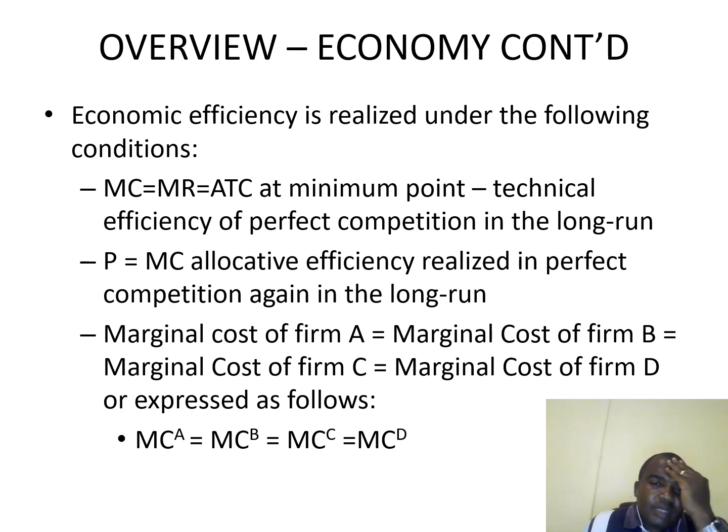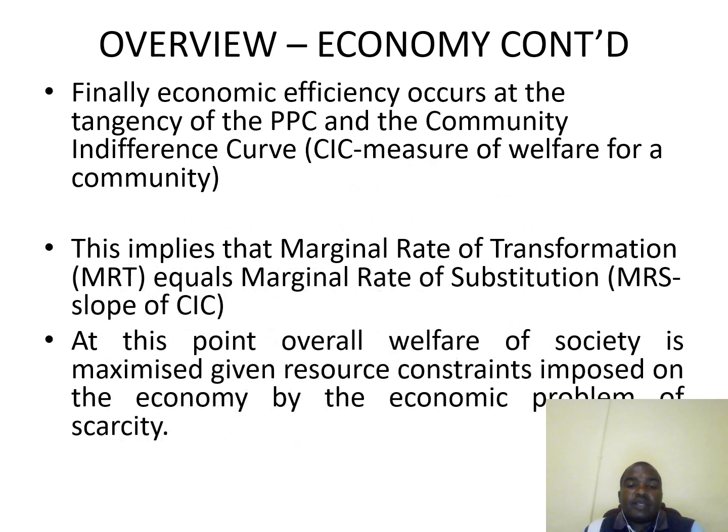Price is equal to marginal cost, which means there is allocative efficiency, which can only be realized in perfect competition. Again, we can only have economic efficiency when marginal cost of firm A is equal to marginal cost of firm B equals marginal cost of firm C equals marginal cost of firm D, which can be expressed in terms of those marginal costs with the superscripts.